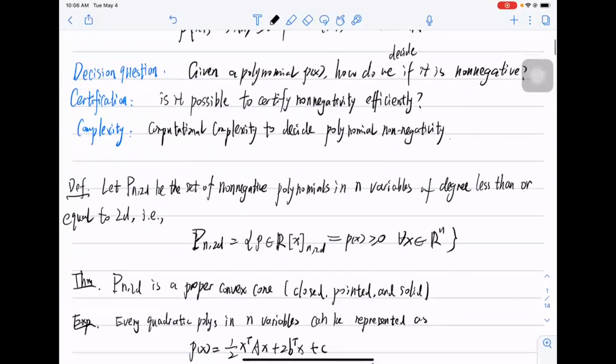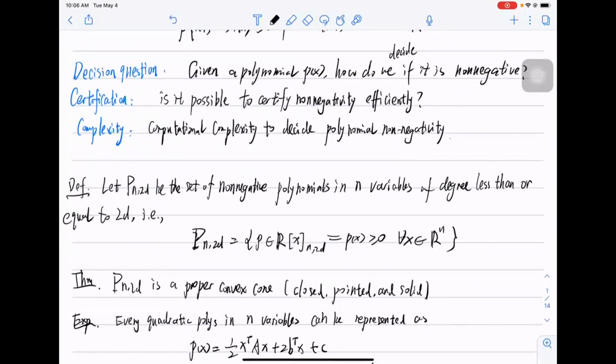First, let's see some basic definitions. So the definition that and Pn 2D be the set of actually let me share my screen. I think I can share my screen within my computer. 1 second.